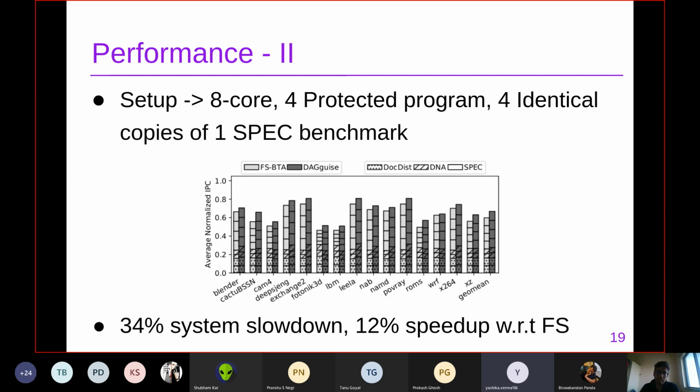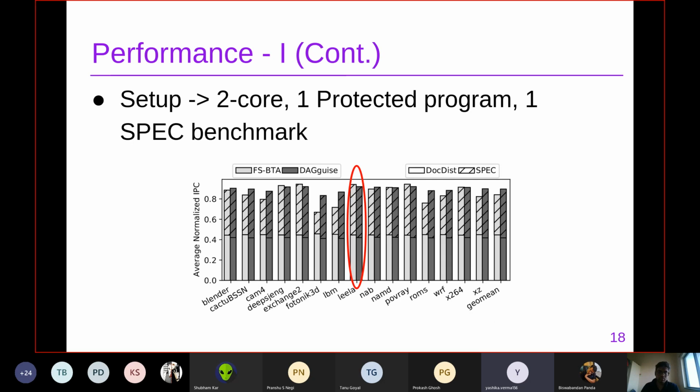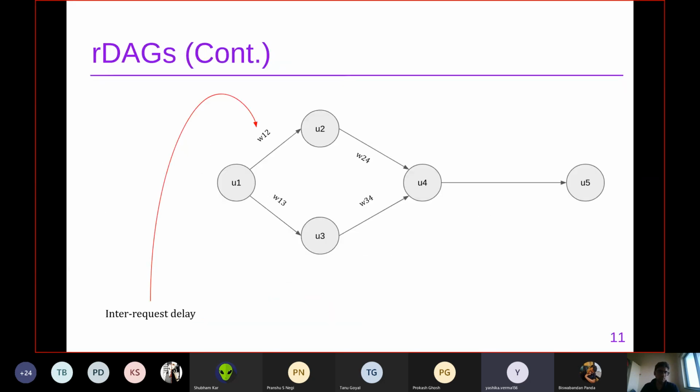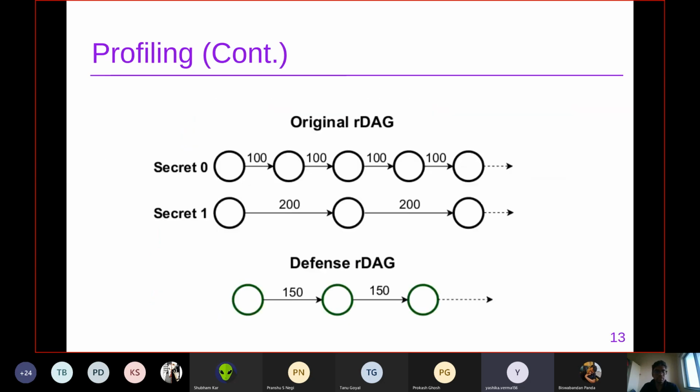My next question is about the weights you mentioned somewhere in your slides. So these weights, 200, 150, those numbers, are the weights you mentioned a few slides later, right? Yes, these are the weights. Okay, so here in RDAG, they are just finding the acyclic graphs and then assigning some weights.